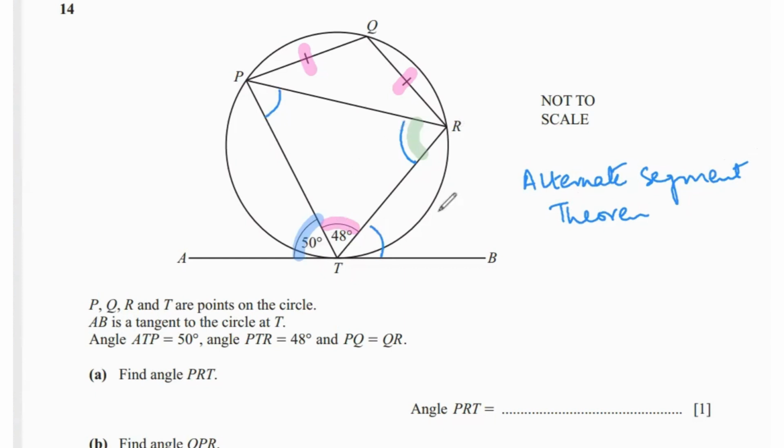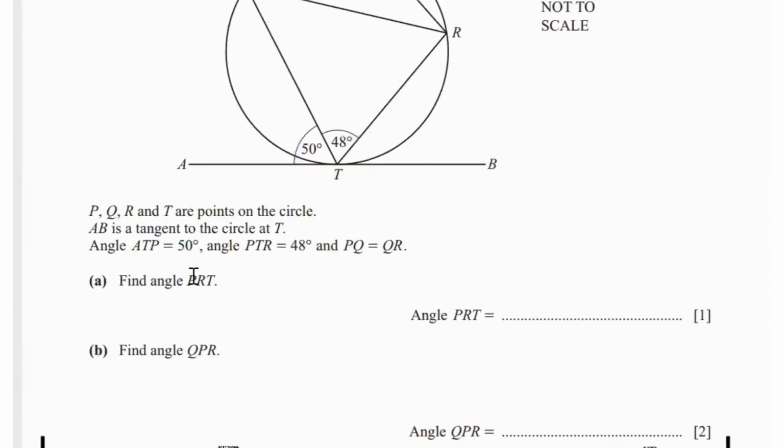So if this is 50, PRT is also going to be 50 degrees. Then the next part says find angle QPR.